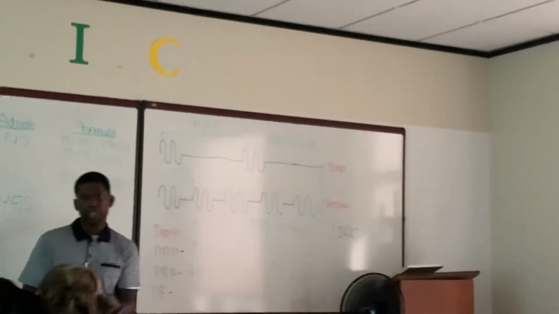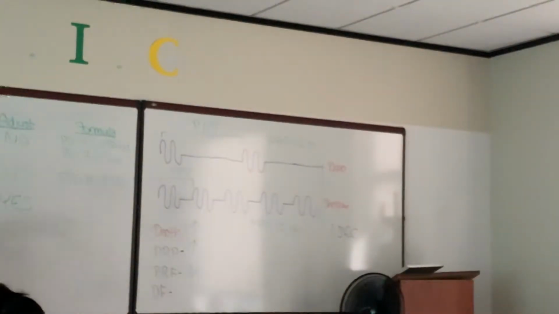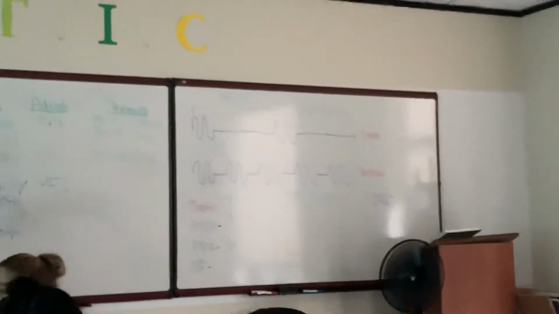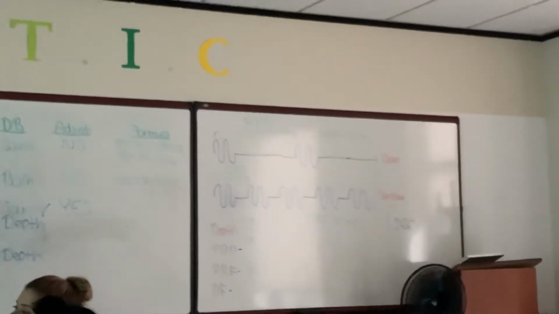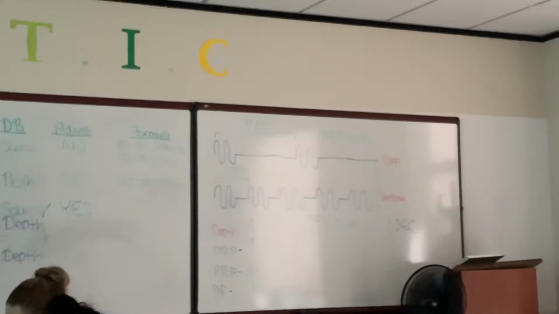Same thing, just like the PRP: when I change the imaging depth, that's how I'm controlling the PRP and PRF. Just similar to last chapter, period and frequency are always going to be inversely related.